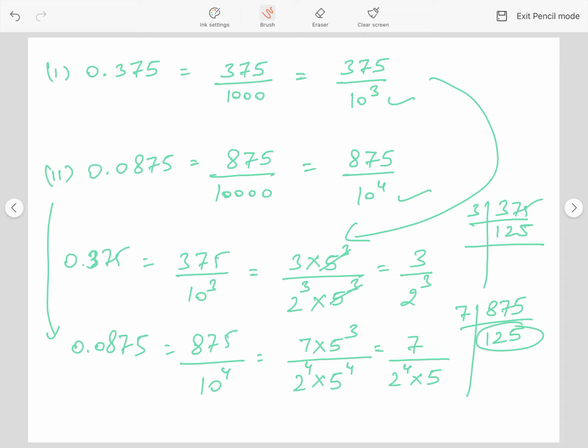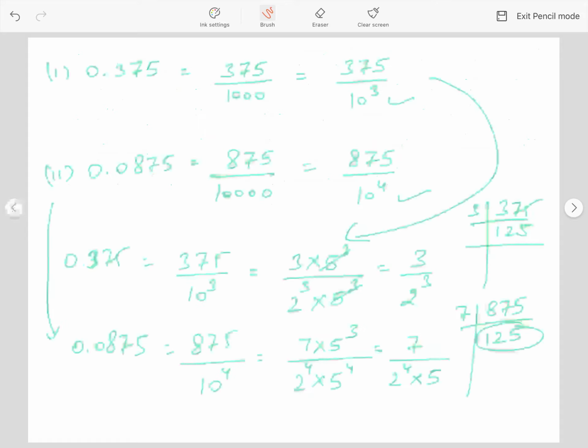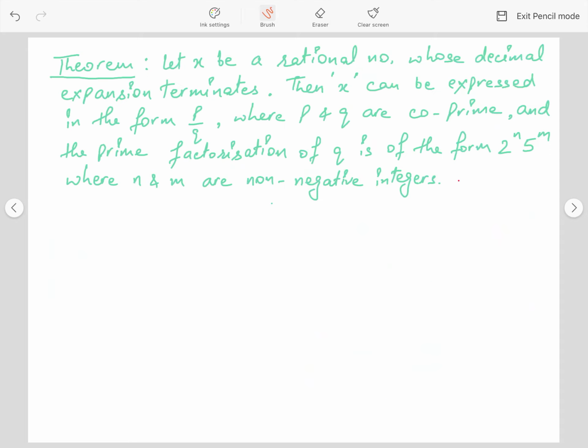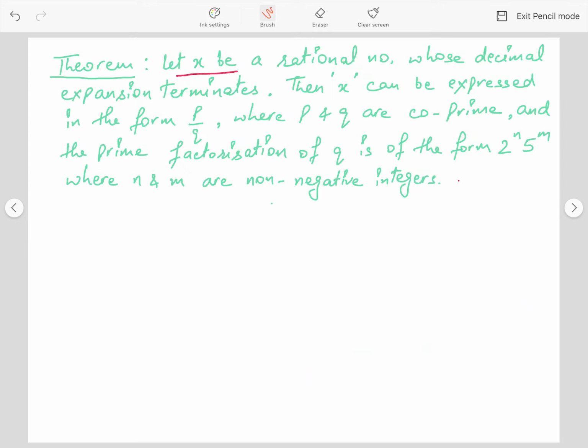So now we can see that this rational number is of the form p by q, where the prime factorization of q is of the form 2 raised to some power and 5 raised to some power. We can write this in the form of a theorem. Let x be a rational number whose decimal expansion terminates.